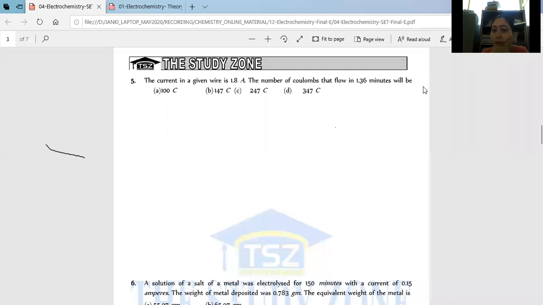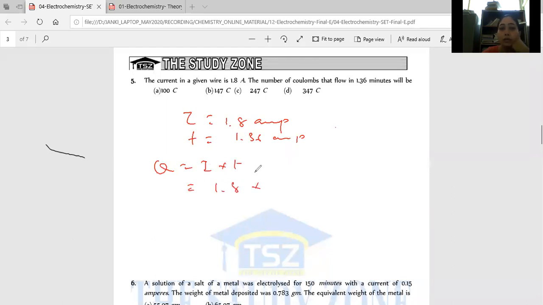Yes, Manan said B, Uttam said B, Krish, Janki said B, Twinkle B. Denisha, I is given, 1.8 ampere. Time is 1.36 minutes. So Q is equal to I into T. Nothing else to do in this. 1.8 ampere and 1.36 minutes, right?